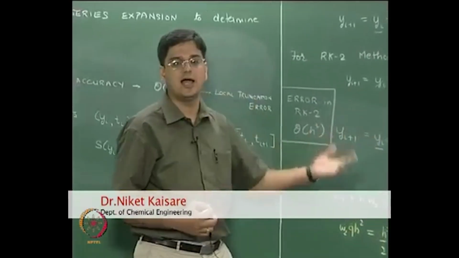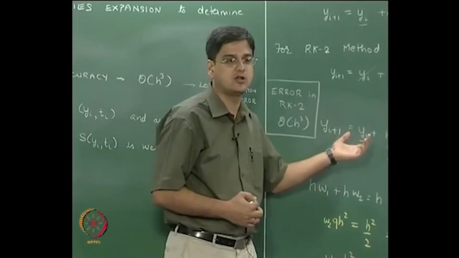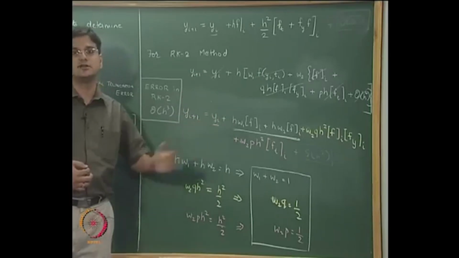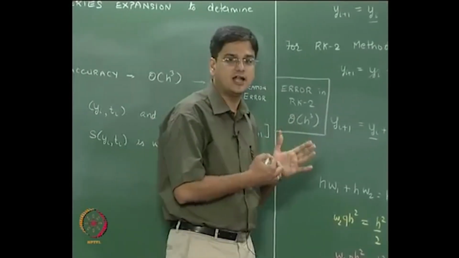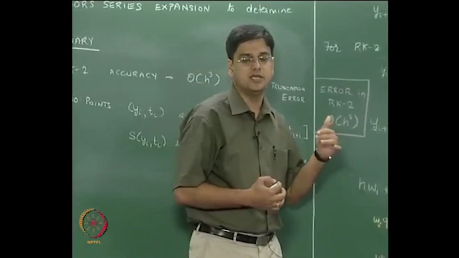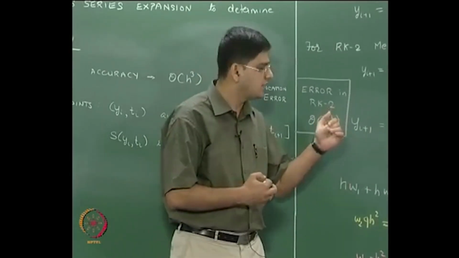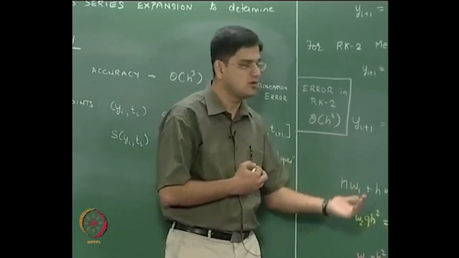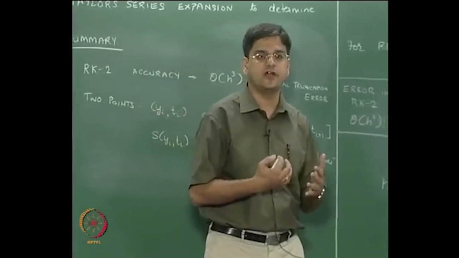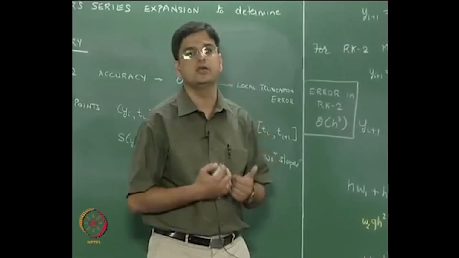I will then talk about higher order RK methods and describe how to derive these higher order RK methods, and I will talk about why a fourth order RK method is actually the most popular method, and after that we will go on to Microsoft Excel and pick up the plug flow reactor example that we had done during the 6th module. I will take up that particular example and solve it using the Euler's method and using the RK2 method, and we will also see the effect of changing the step size h on the accuracy of the solution that we are going to get, okay. Thanks.